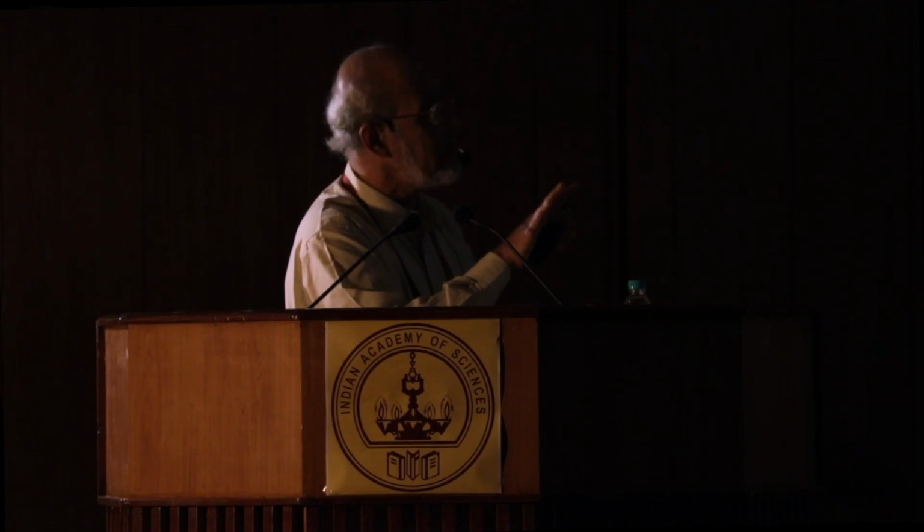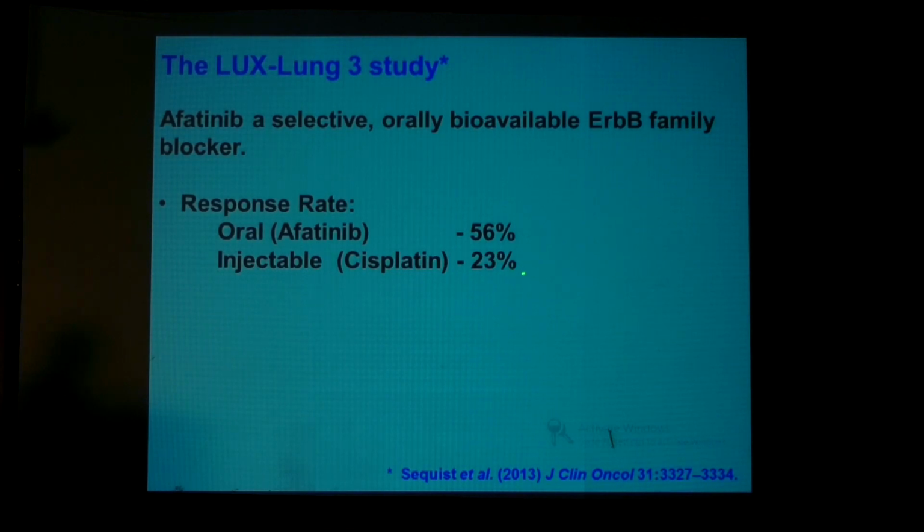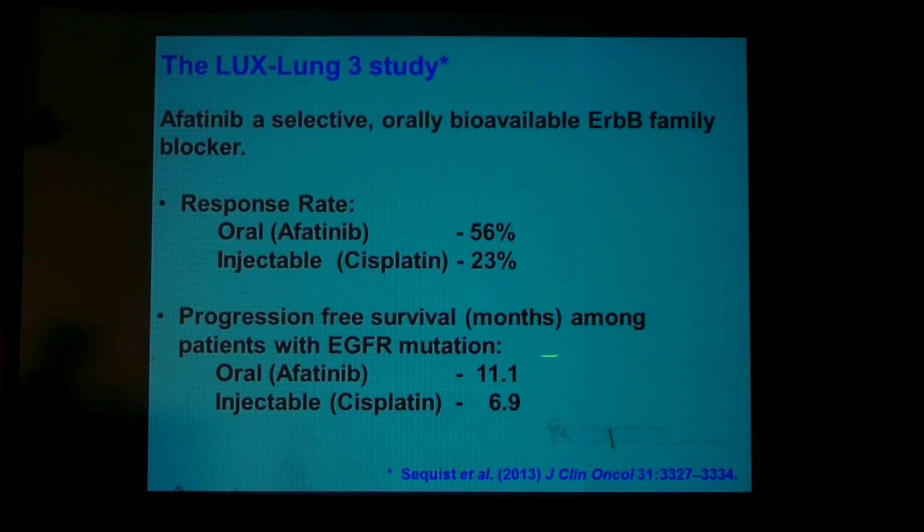If you look at cisplatin, the usual platinum-based chemotherapeutic drug, the response rate is 23%. But with the drug that acts against a specific pathway, the ERBB pathway, first of all, it's orally available, and the response rate is much higher, 56%. Also, progression-free survival is higher with the oral drug compared to the platinum-based drug.